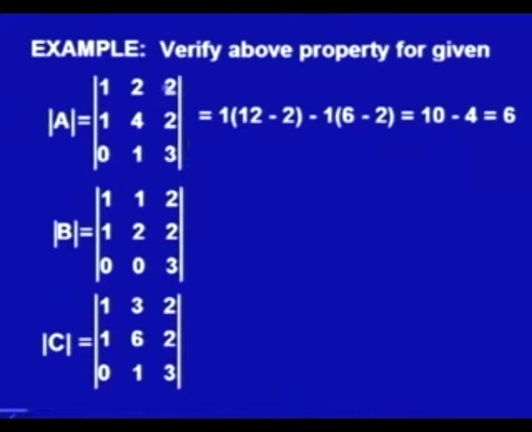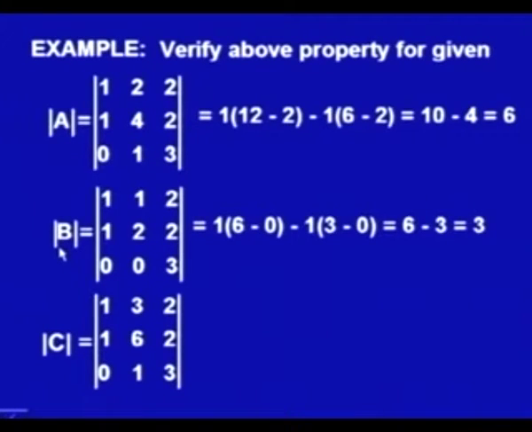Actually I can expand about any row or any column, but since this particular matrix has one element 0 in the first column, I will prefer to expand about the first column. This way I will be performing less computation as compared to any other row or column. So, I will be computing only these two terms, not the third term. This gives me the result as 6.